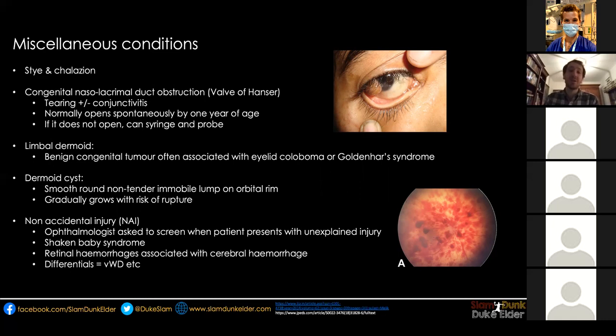Sometimes it takes about a year or so to fully open. So children have excessive tearing and can have recurrent conjunctivitis because of this, because they're not flushing away the tears covering the eye. So if it doesn't open, you can syringe it and use a probe to forcefully open the valve, and that will allow drainage of tears. So you shouldn't have so many complications of conjunctivitis after that.